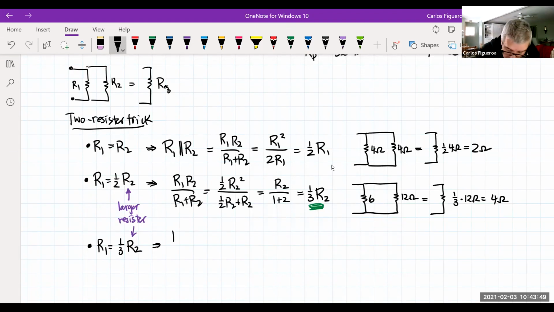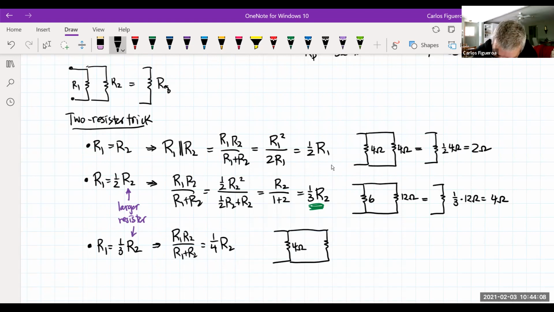That means when I go and calculate the equivalent of these guys, I'm going to get 1/4 the value of the larger resistor. So if I have a circuit that looks like this, 4 ohms, and then the other one is 12 ohms. You can see that 12 is 3 times larger. That means I'm going to come in here and I'm going to replace that resistor. What am I going to do it with?